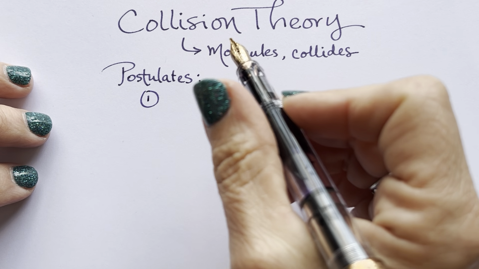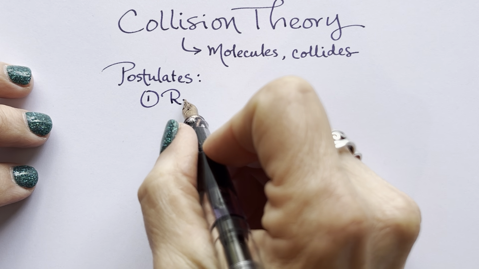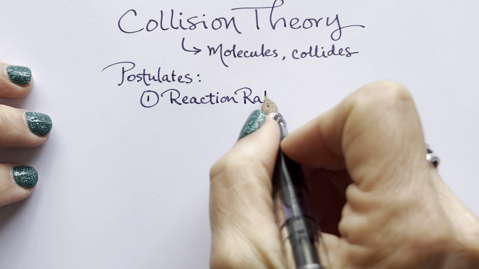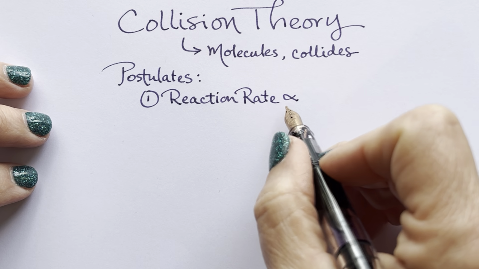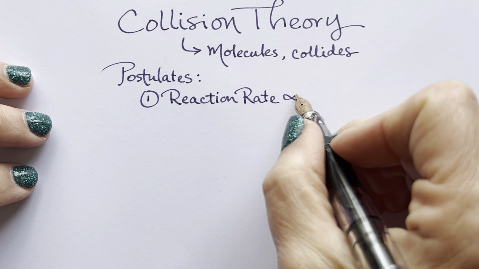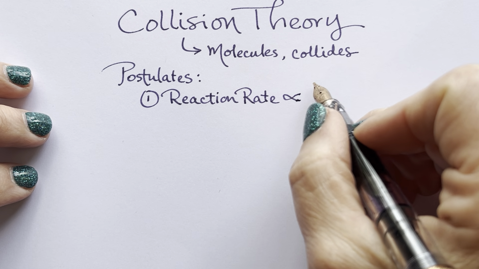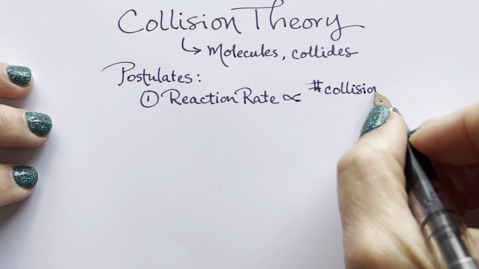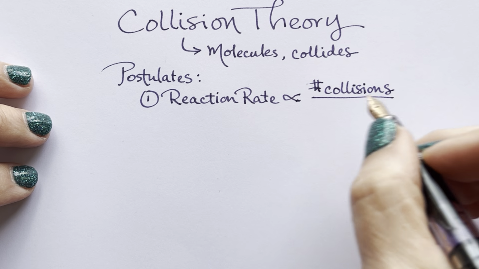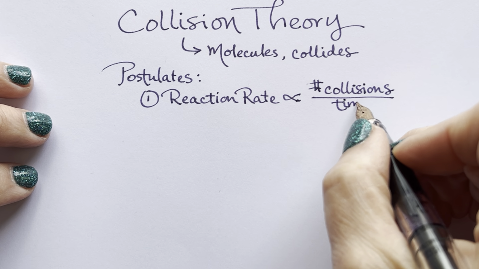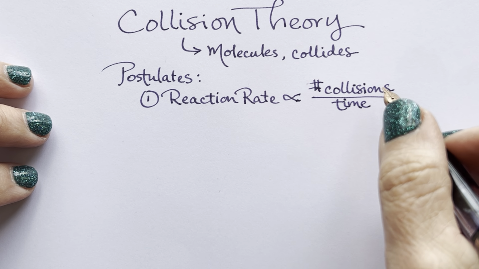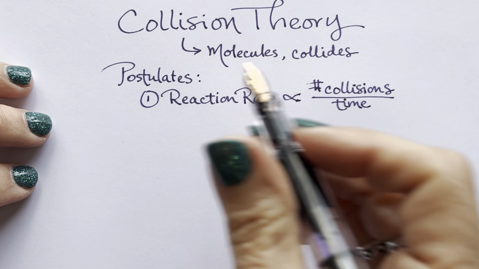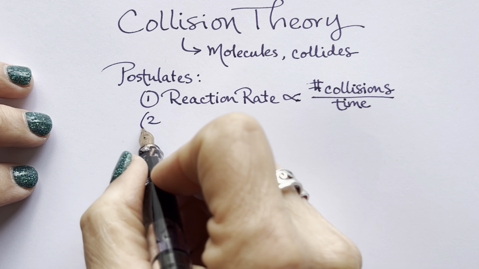Okay, the first is reaction rate. This means proportional to, okay, number of collisions over time. More collisions in the same amount of time, faster reaction rate. Okay, what else?